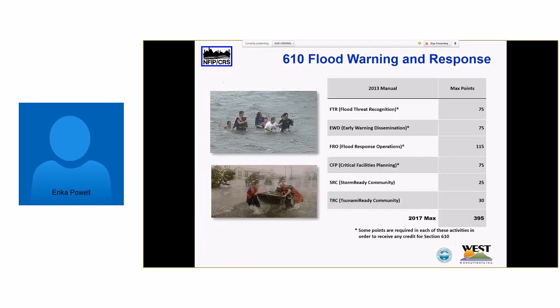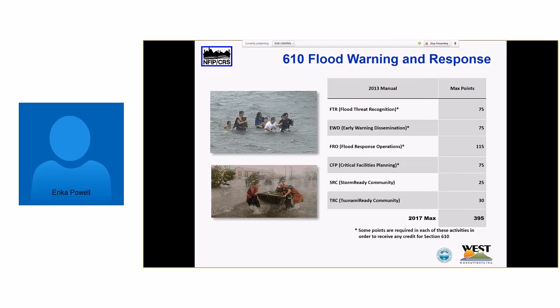It's really important to remember that each one of these elements, flood threat recognition, early warning system dissemination, flood response operations, and critical facilities planning, has a whole series of criteria that you need to satisfy in order to gain points under each one of these categories.